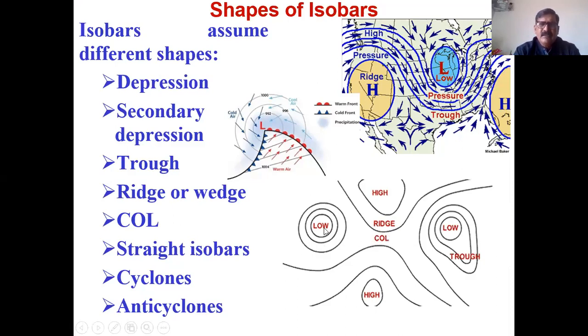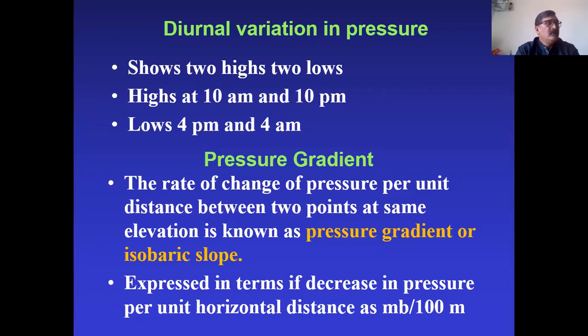And straight isobars mean there are no chances of creating cyclones. Cyclone and anticyclone are already covered, so we will see them again in depth in the next slide.